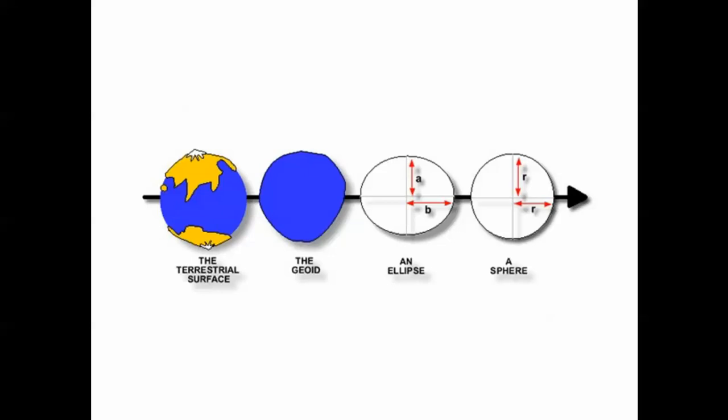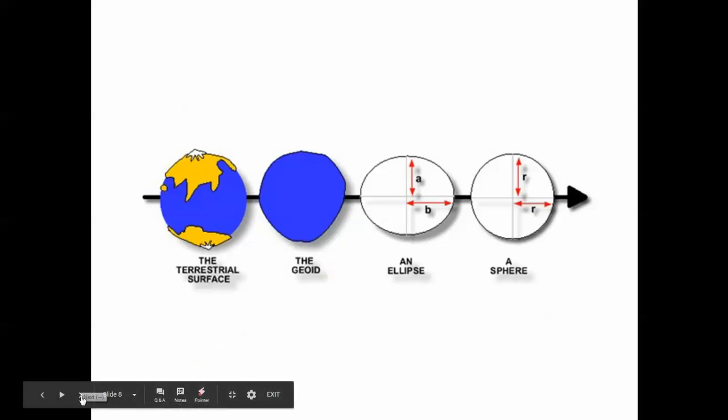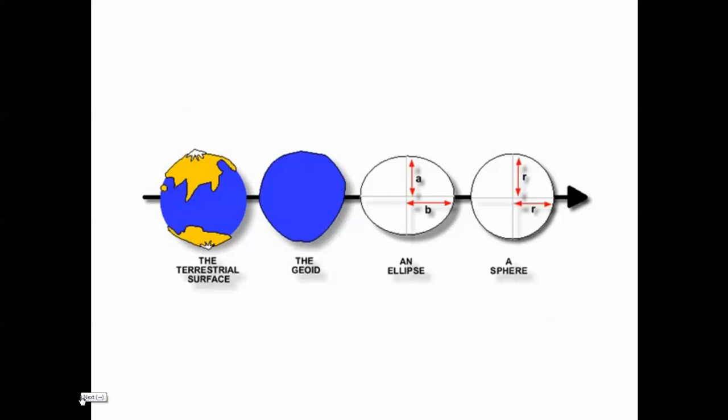And our sphere is the ideal or the easiest one to calculate. So we have these 3 different ways of seeing the Earth, 3 different models. And again, we will see each one come into play later on. But the main idea is that the sphere produces equal distances for 1 degree of latitude, whereas an ellipse does not.